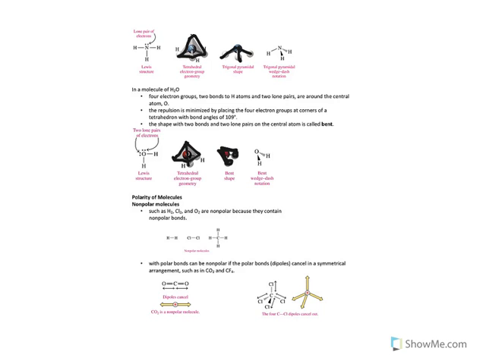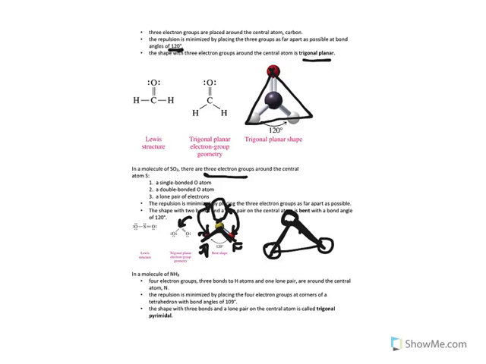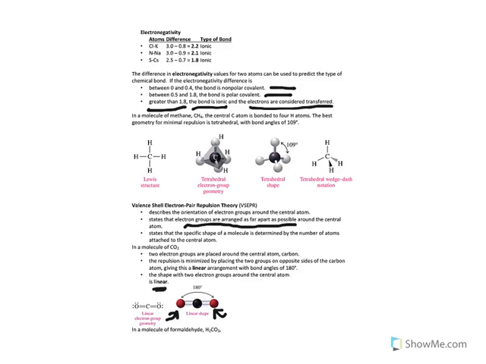Now let's talk a little bit more about polarity. So molecules can be polar just like bonds can be polar. Nonpolar molecules such as H2, Cl2, and O2 are nonpolar because they contain only nonpolar bonds. And again, if we go back and we look at our values here, remember that nonpolar is between 0 and 0.4.